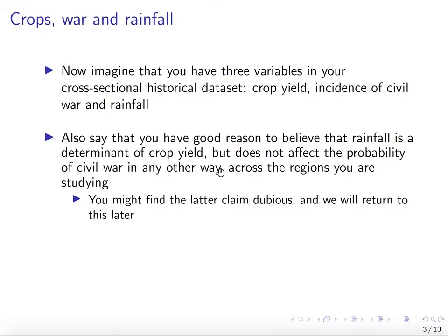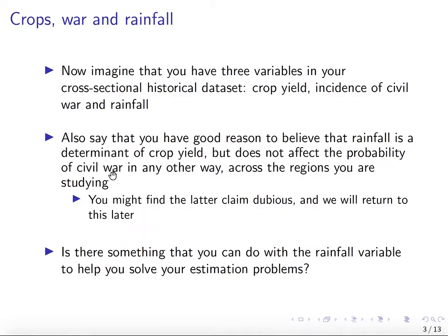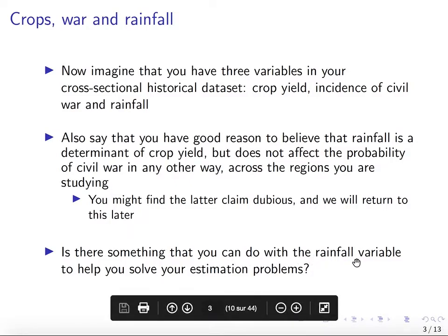Again, areas where it rains are more likely to have higher crop yields, but are just as likely to have civil war or not. Then you could use this variable, rainfall, as what we're going to call an instrument for crop yield. And that's the question we're trying to ask here. Is there something we can do with the rainfall variable that is going to help solve our estimation problem? And surprisingly, the answer is going to be yes.